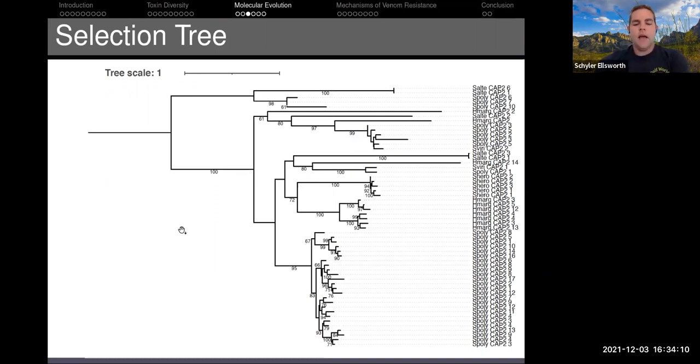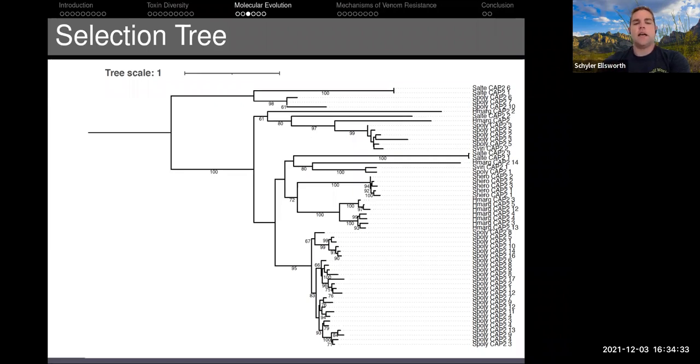So I was able to run an analysis through HyPhy, looking at positive selection across the entirety of this gene tree. And with that analysis, I was able to determine that there was positive selection occurring on this gene tree. And so then I started doing some additional tests in HyPhy to look at a finer scale.